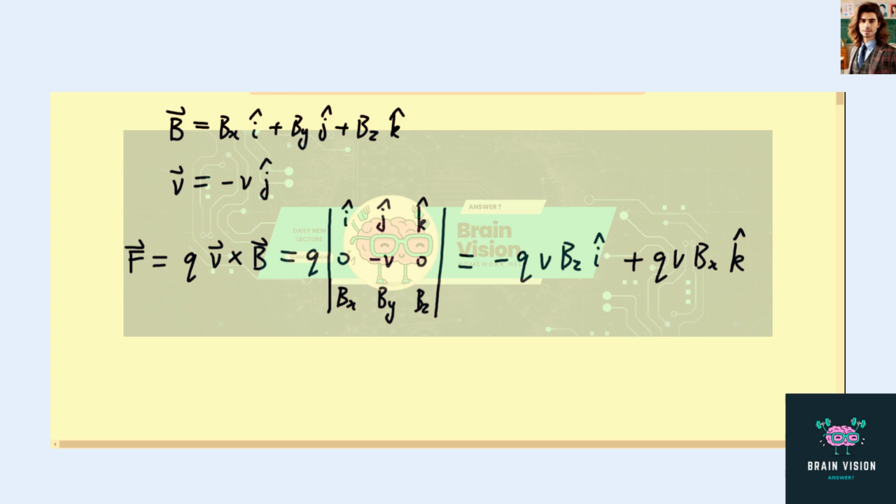So for part B, if q is greater than 0, what must the signs of the components of B be if the components of F are all non-negative?